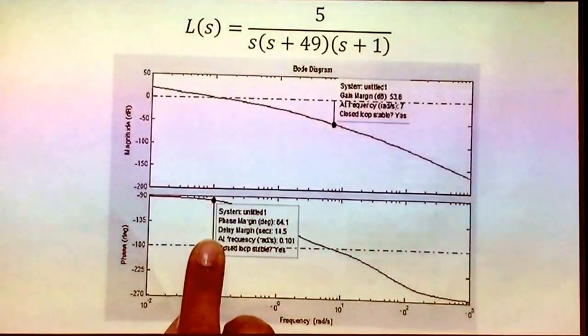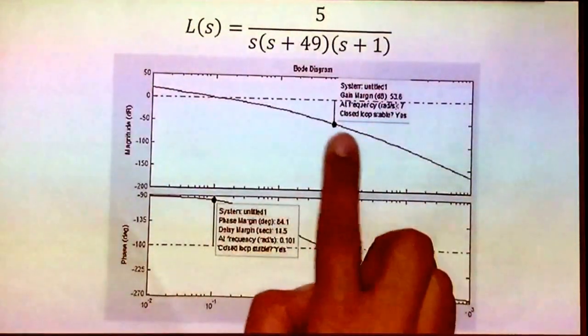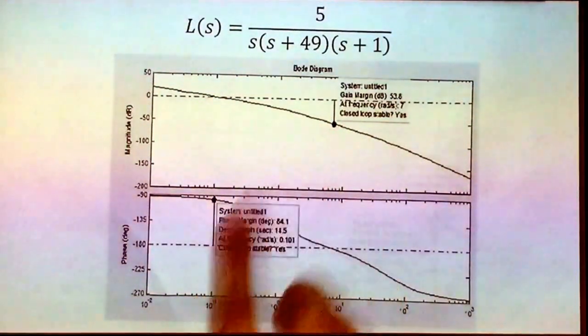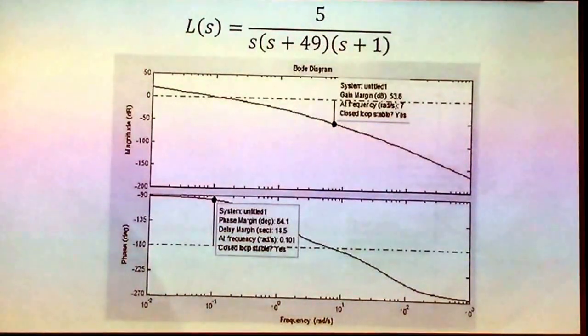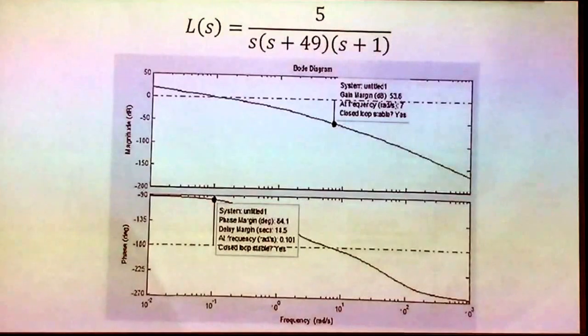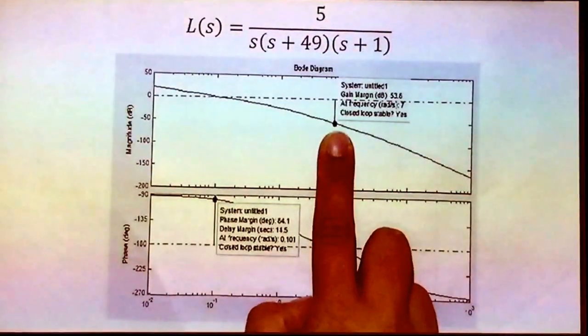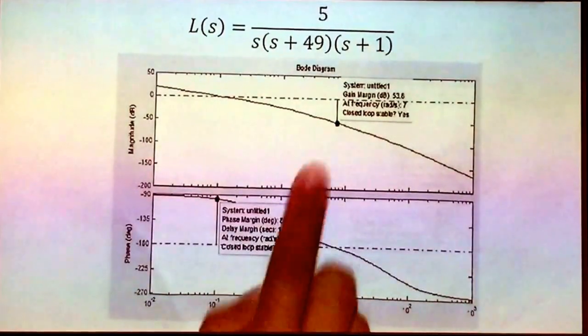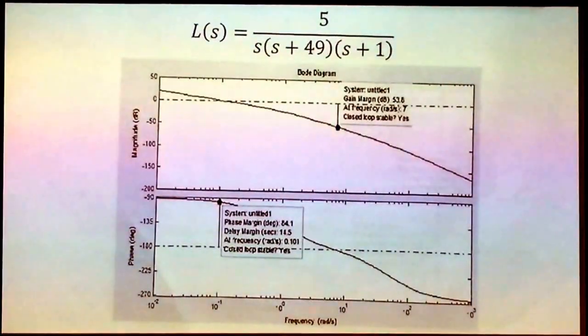If you can shift the gain margin and the phase margin, how do you do that? You either shift your gain up or down. If you want to shift your gain margin, you shift your gain up or down, because when you shift it up, you make the gain margin smaller, and shift it down, you make the gain margin wider.